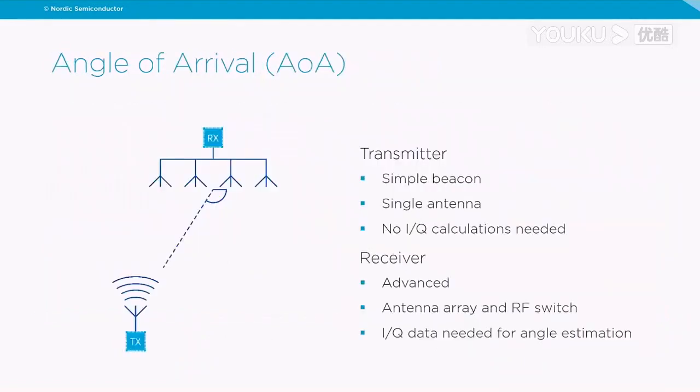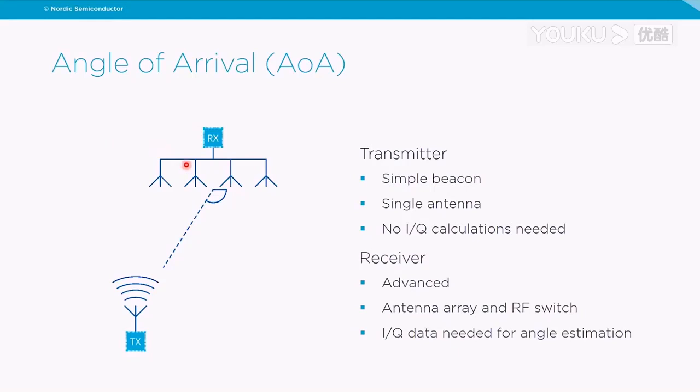So you have two options when it comes to direction finding. You have angle of arrival, AOA, and in this setup, the transmitter is just a simple beacon or a tag. It has a single antenna, and no IQ calculations are needed in this device, so it can be a simple device. And then the receiver side has to be fairly advanced.